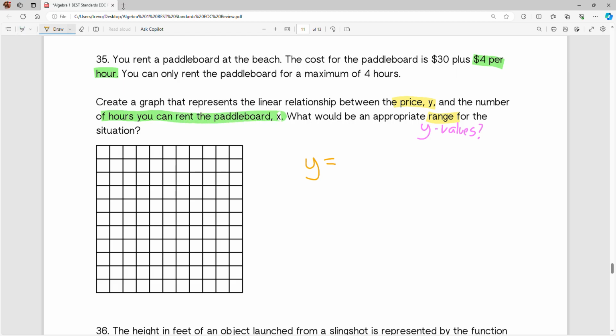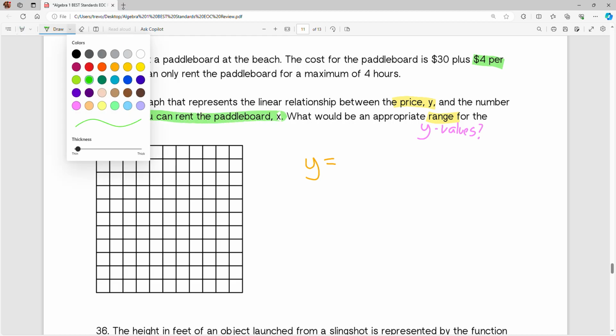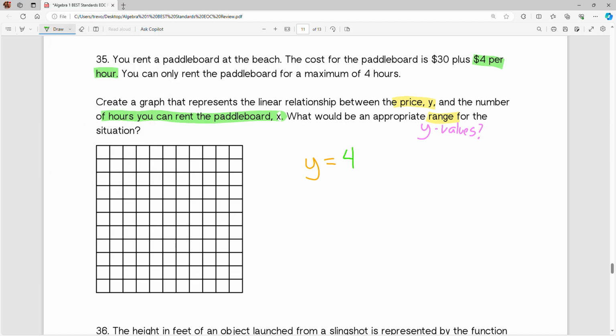So it's costing 4X and then plus a $30 fee. Create a graph that represents the linear relationship.